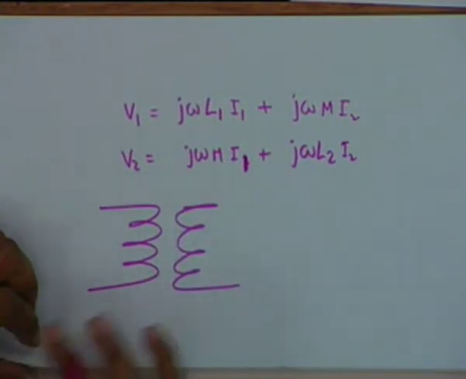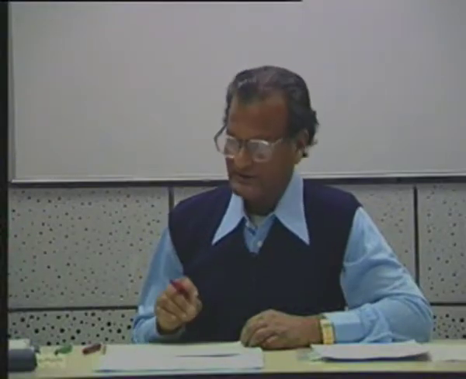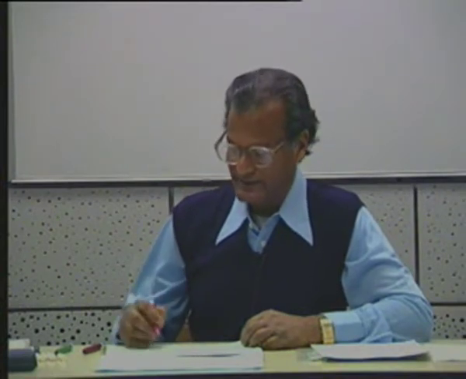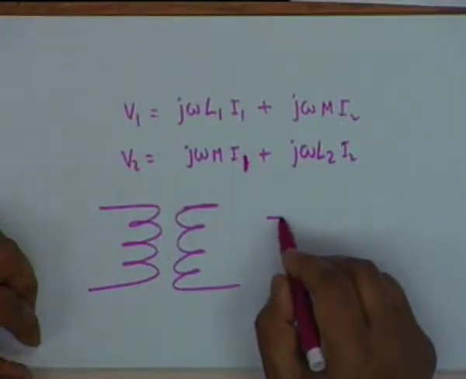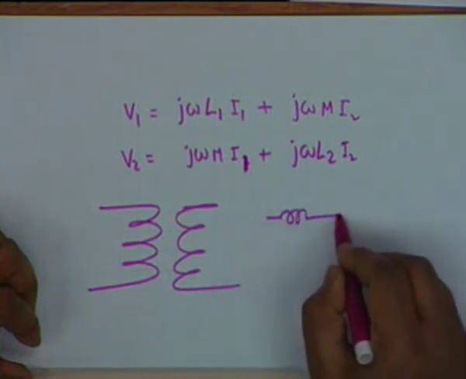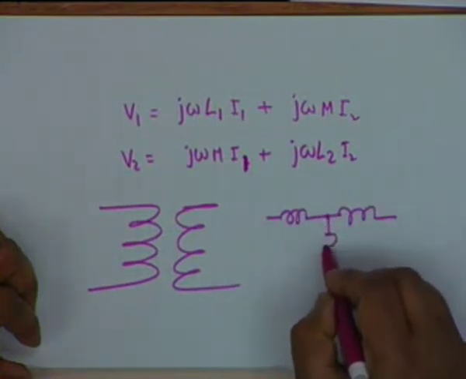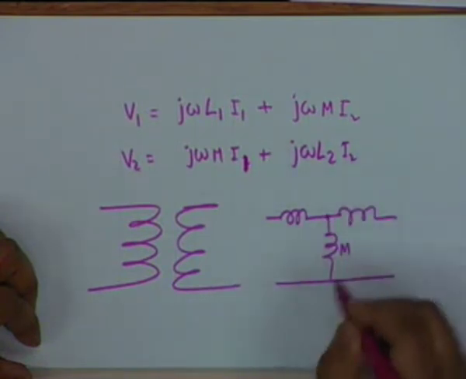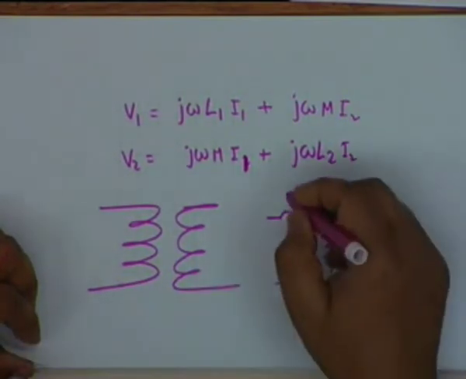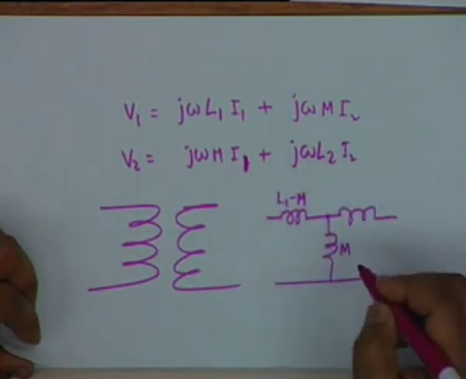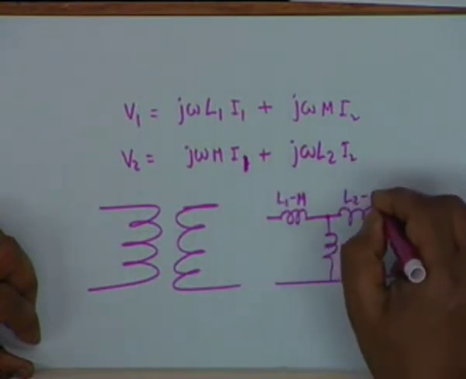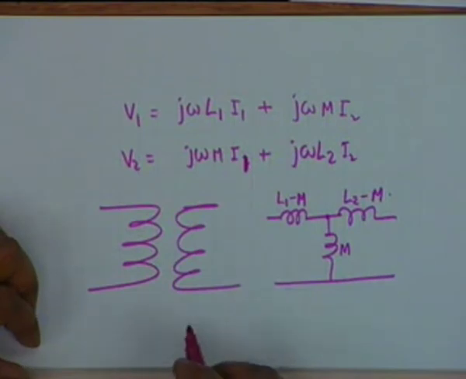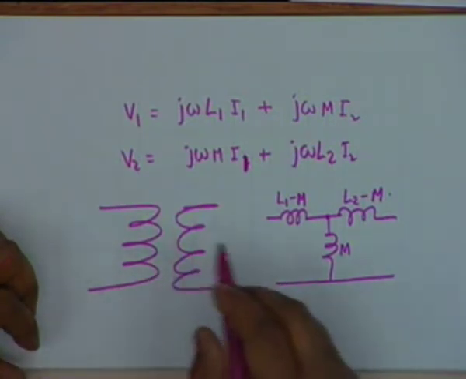And it takes very little thinking to show that this is equivalent to this circuit which has no physical contact. The coupling is through the magnetic field. This is equivalent to simply a T network like this, where this inductance is M, this inductance is L1 minus M, and this inductance is L2 minus M. Is this okay?